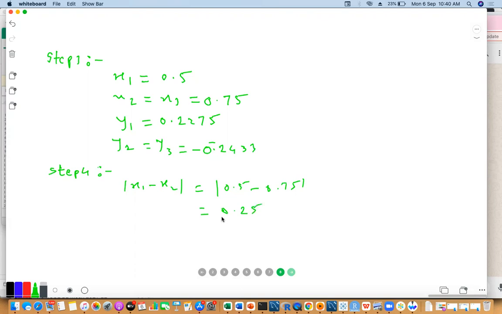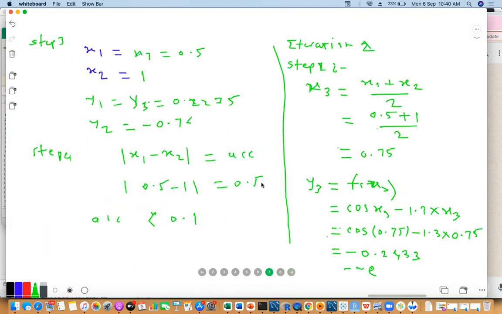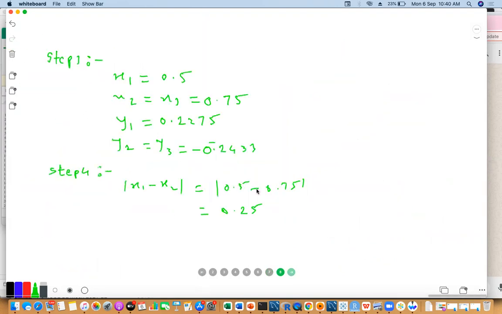You will observe one thing: in the earlier iteration the accuracy was 0.5, now we have 0.25. So in the next iteration it will again have a lower value. So we are going towards the solution. Now we will be repeating the same steps for the next iteration, right?